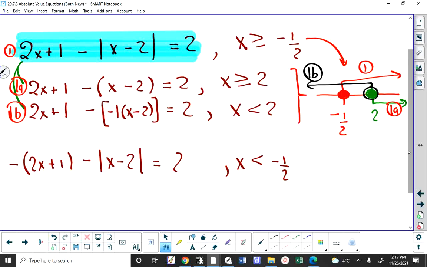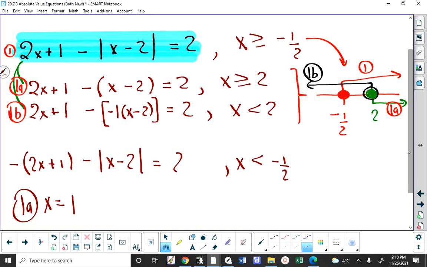So let's just imagine that you solve 1a, and you get, for a solution for 1a, this is not going to be the solution, x equals 1.